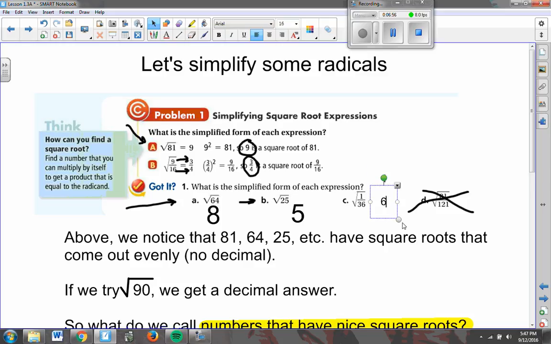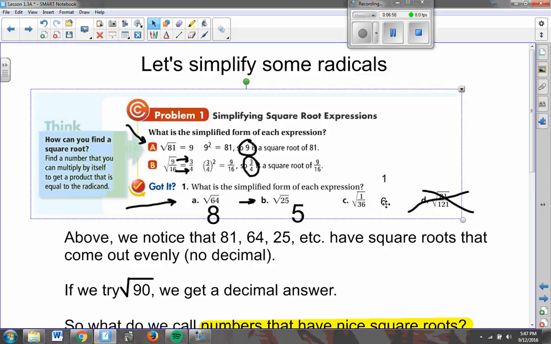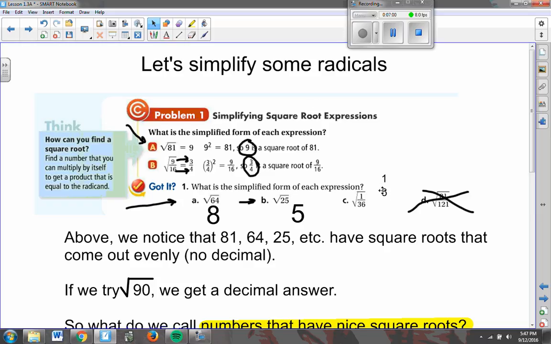That's a nice easy one. It doesn't change. And then 6 times 6 would give us 36 on the bottom. So the square root of 1 over 36 is 1 over 6 as a fraction. Okay, so letter A is 8, letter B is 5, and letter C is 1 over 6.